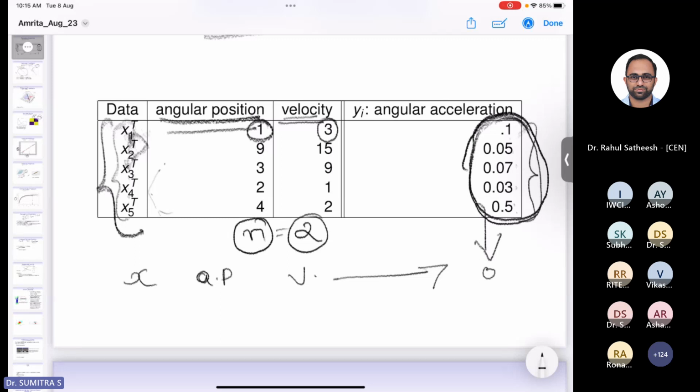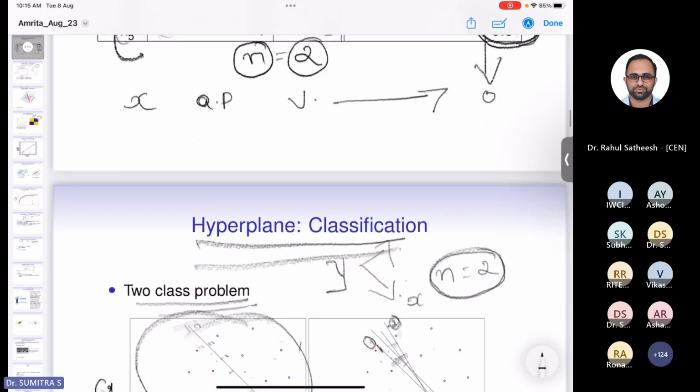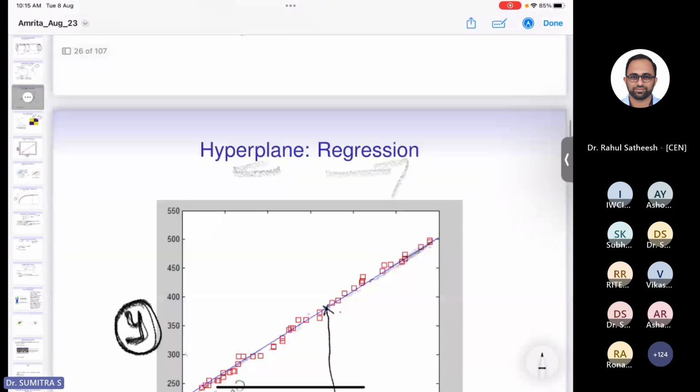For example, when we collect angular positions and velocities from different objects, there won't be any dependency between these data. If that is the case, we call it IID data.